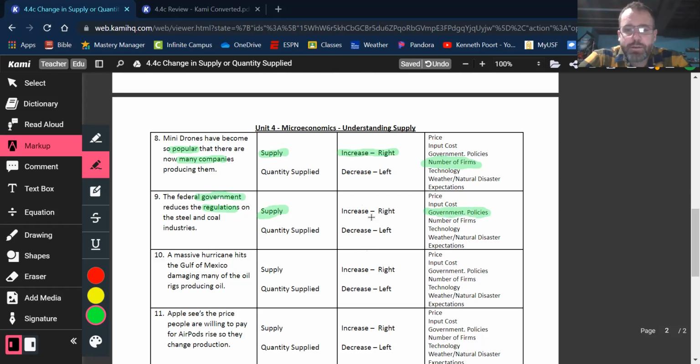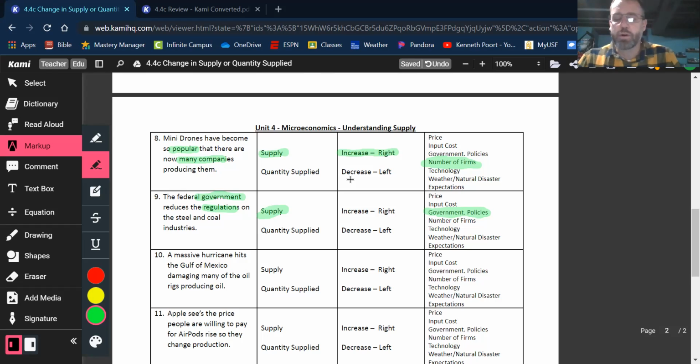Now this one, sometimes the one that students struggle with figuring out which way it's going to go. So again, talk yourself through it, going back to the notes. The more regulations tend to cost producers more money, right? If there's an increase in regulations, there's an increase in cost to the producer.